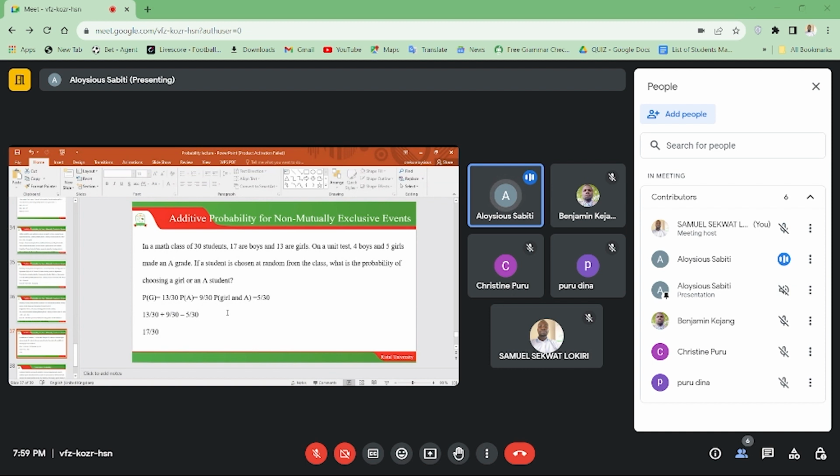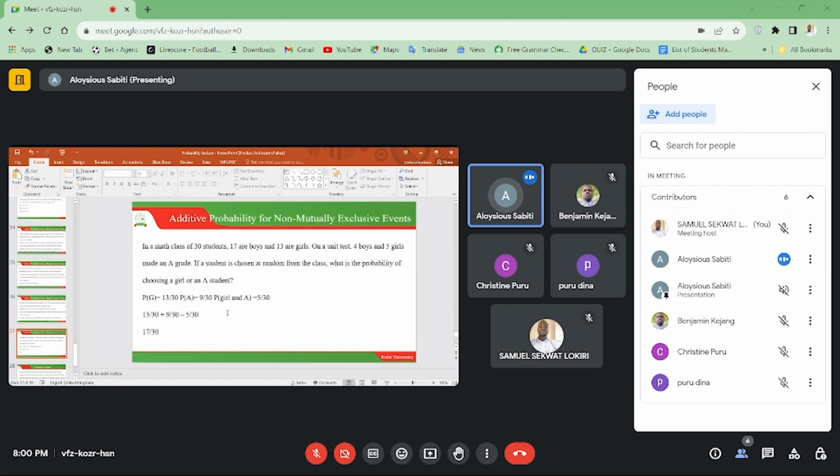In a practical explanation, say there are 30 clients who came for a test, 17 of them are men and 13 of them are women. In a test that was conducted, 4 boys and 5 girls tested positive for diabetes.